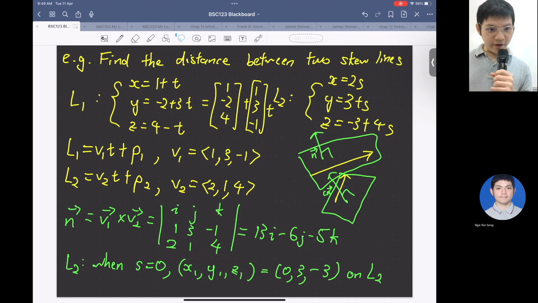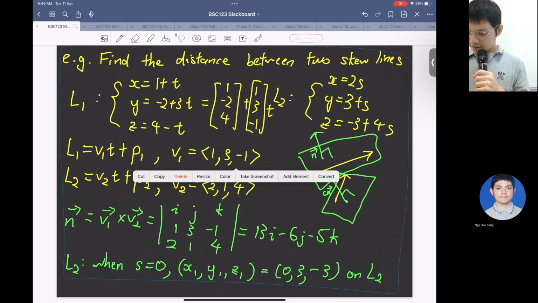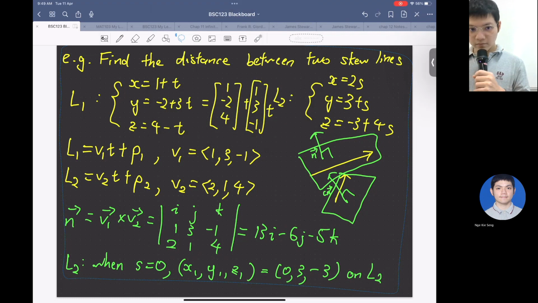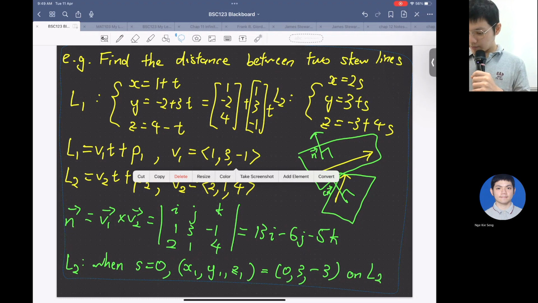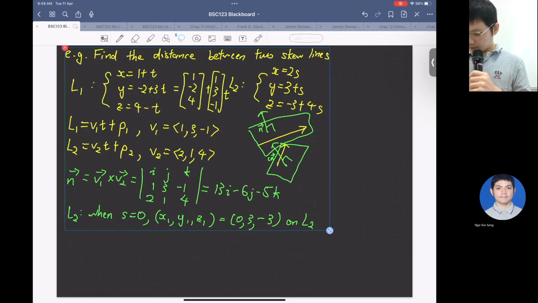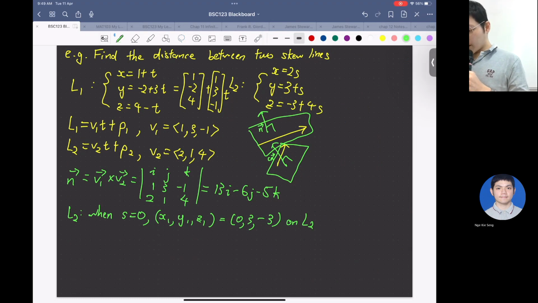We haven't quite gotten the equation yet, and we still need another point. First, do you want to make L2 into a plane or L1 into a plane? L2 into a plane.